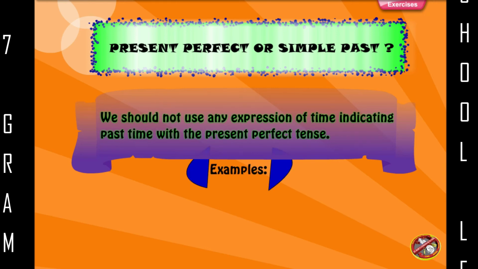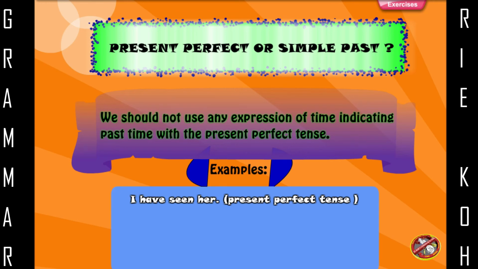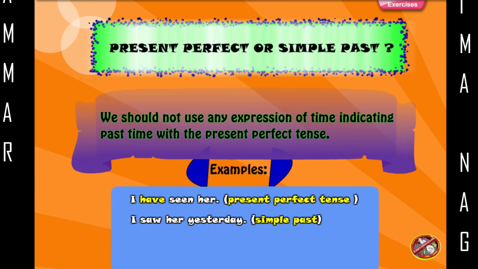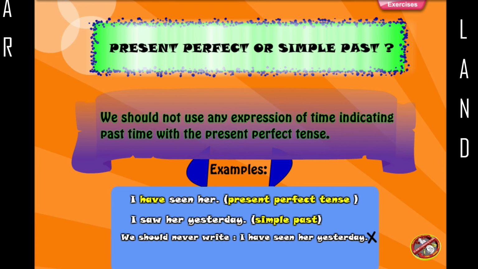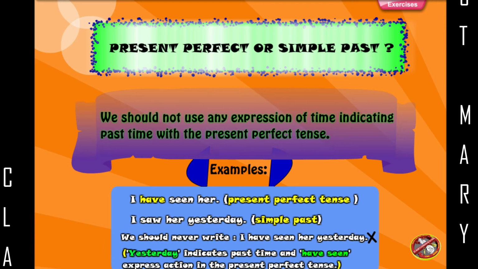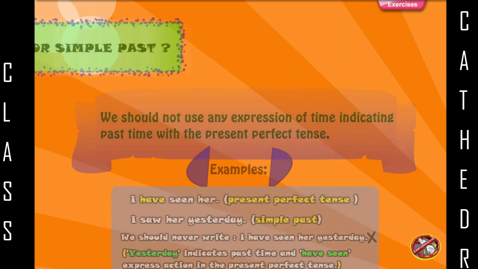Examples: I have seen her. Present perfect tense. I saw her yesterday. Simple past. We should never write, I have seen her yesterday. Yesterday indicates past time and have seen expresses action in the present perfect tense.